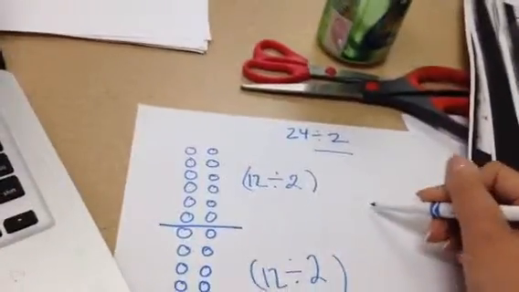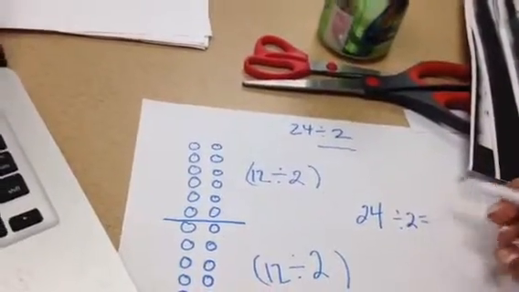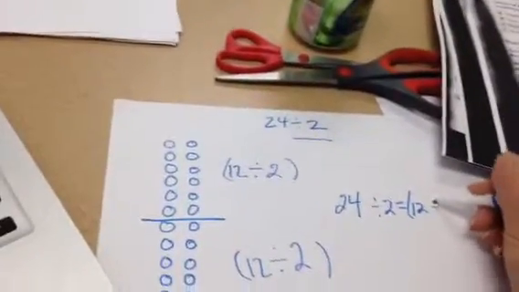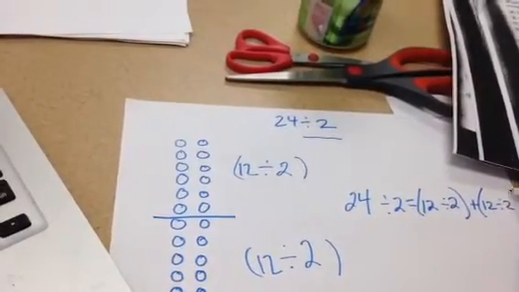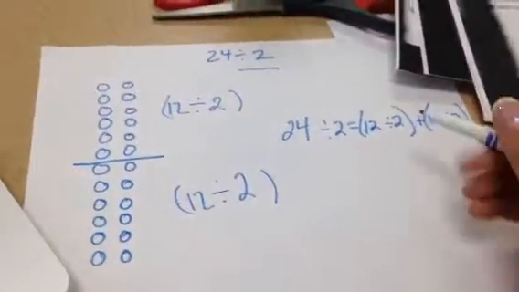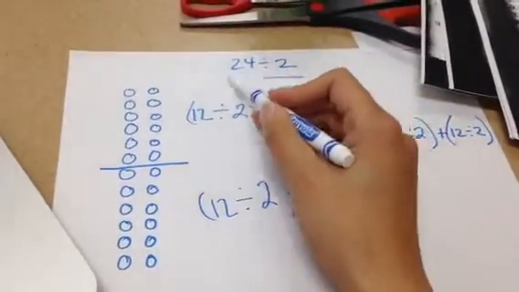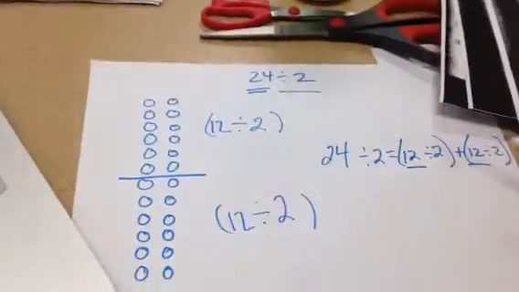So then you could say over here, 24 divided by 2 is the same as thinking about 12 divided by 2 plus 12 divided by 2. I know this works yet again because 12 plus 12 equals 24. So my totals equal 24.